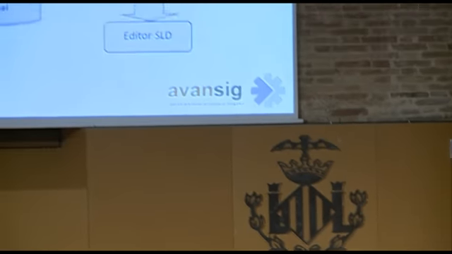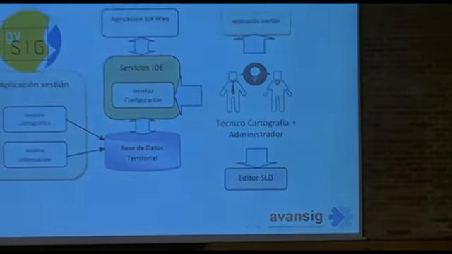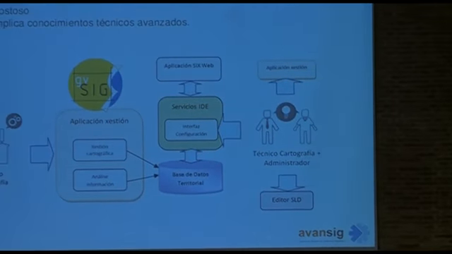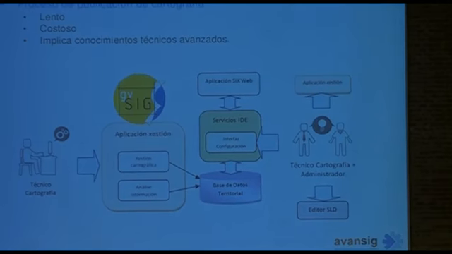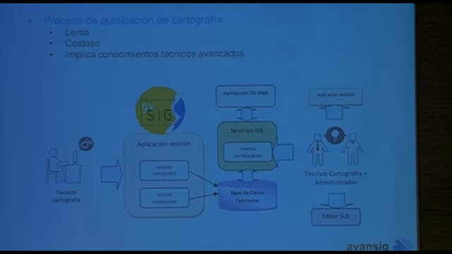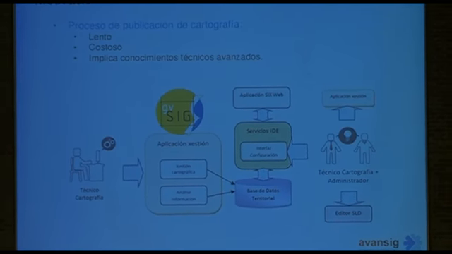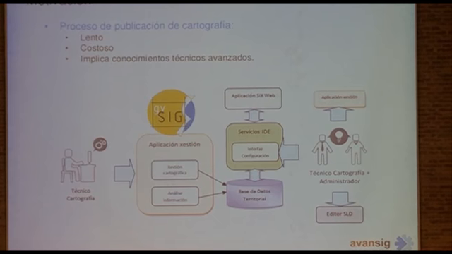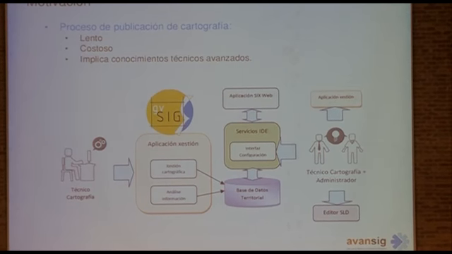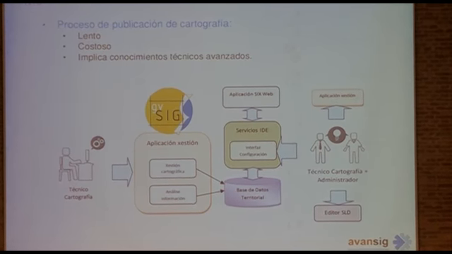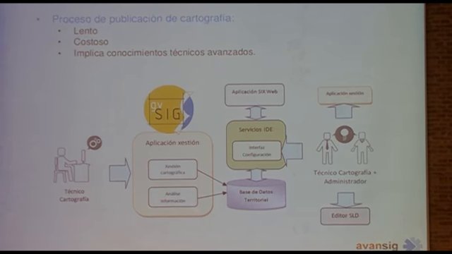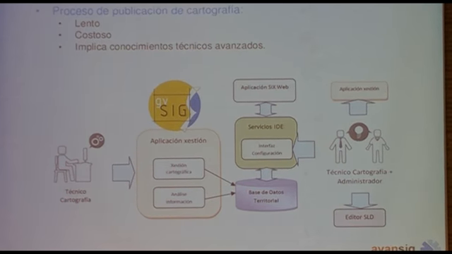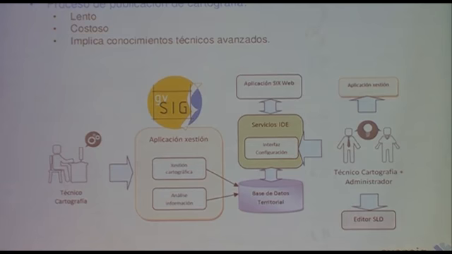I was told, we're going to do this. Do you like it? And I said, yes, I like it, and I started. Then they explained that this is a complex and slow process. You need a cartography technician who analyzes the data of a territorial database and generates maps with their layers, their styles and everything.